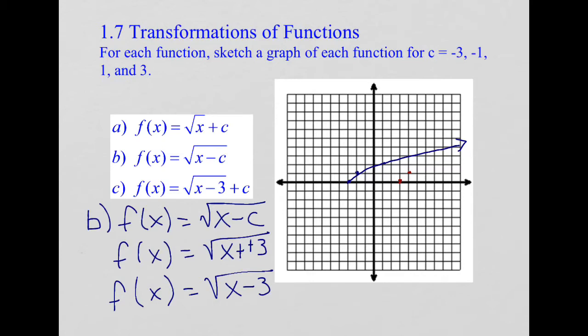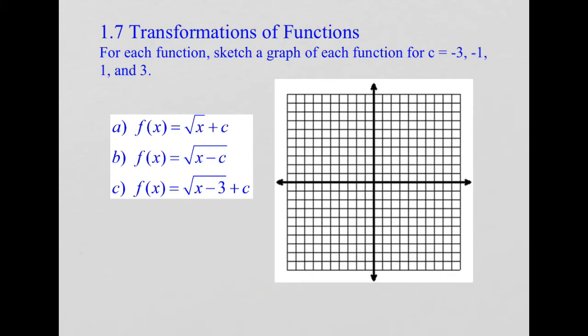So 7 minus 3 is 4, square root of 4 is 2. So 1, 4, 5, 6, 7, 1, 2. And there's my third point. And if I look at it, it is also like the last one. It's parallel to the previous one.